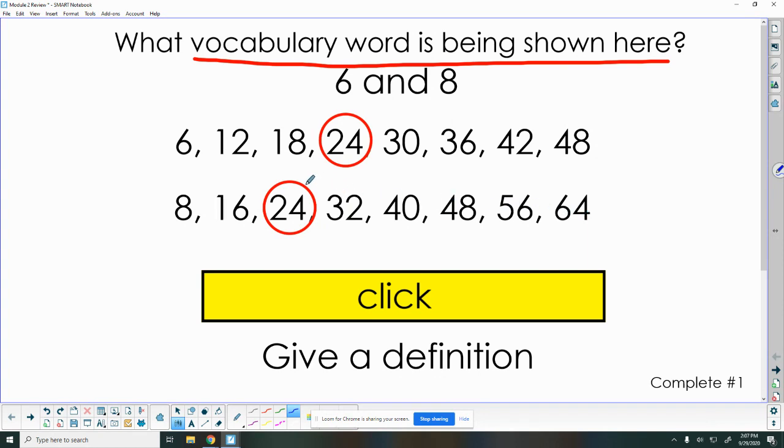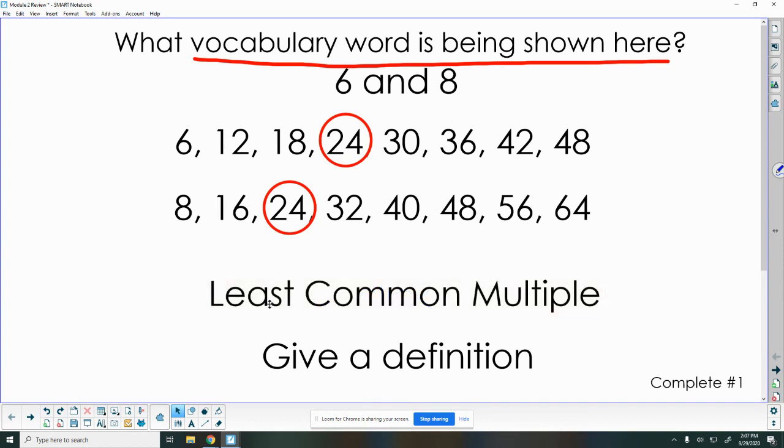And then I see here they've circled 24. That is the smallest number that they have in common. So what has happened here is they have found the least common multiple. I want you to see if you can think of a definition for least common multiple.